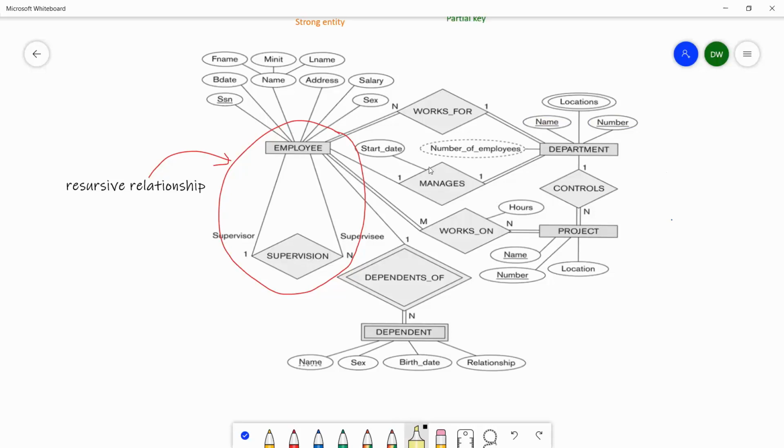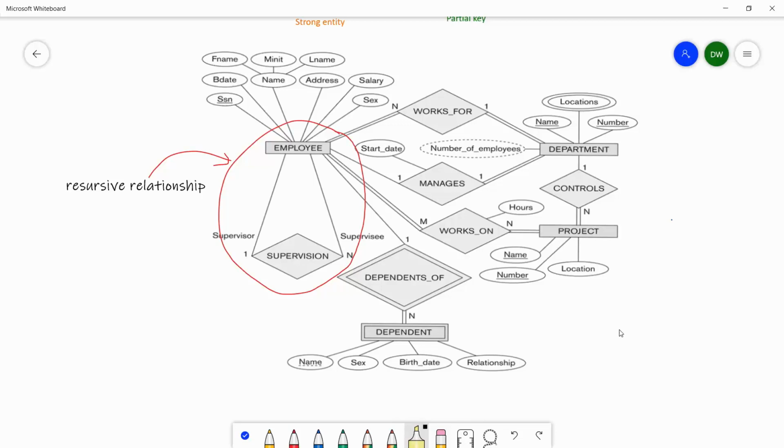Okay, so that kind of thing is there. And we have some derived attributes as well, number of employees. It is a derived attribute. So those are the things we see in this entity relationship diagram, right? So I hope you know all the things related to this.